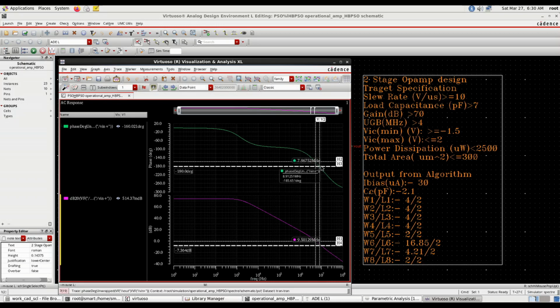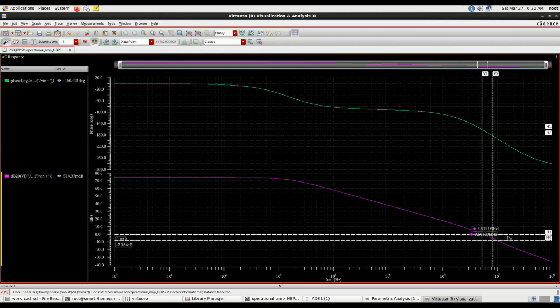So this is the phase crossover frequency and this is the gain crossover frequency. So this gap is the gain margin and this gap is the phase margin. You can also enlarge it because it is not so good a phase margin, so you can tune it afterwards. So this is the observation from this curve.